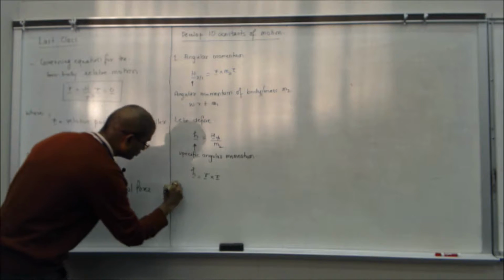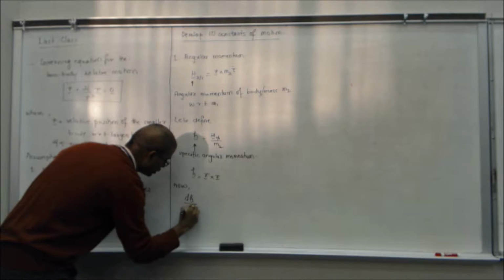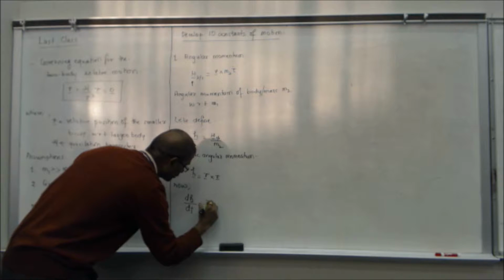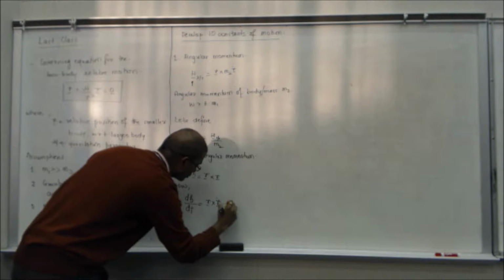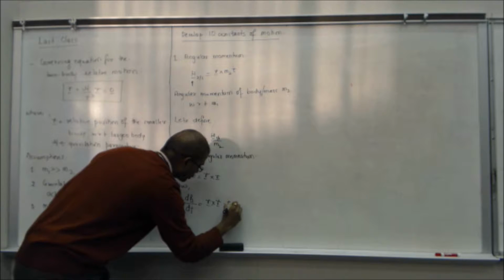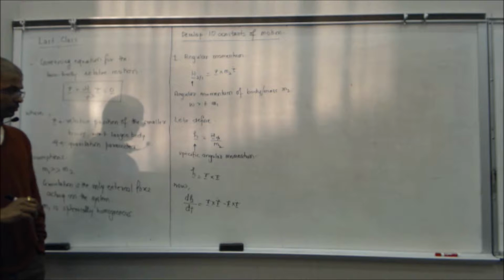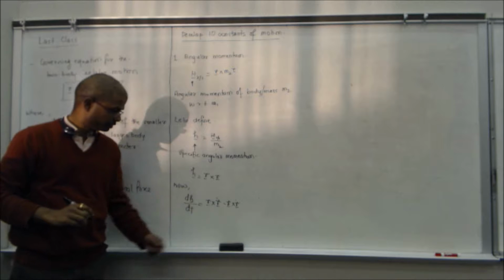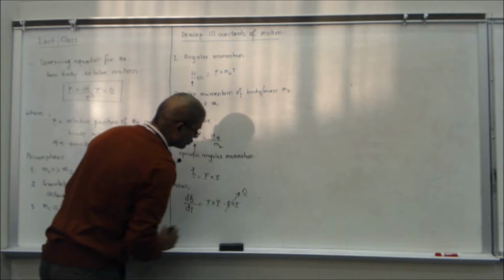Now, dh over dt is equal to r crossed with r double dot minus r dot crossed with r dot. So you agree with this one? A vector crossed with itself is 0.